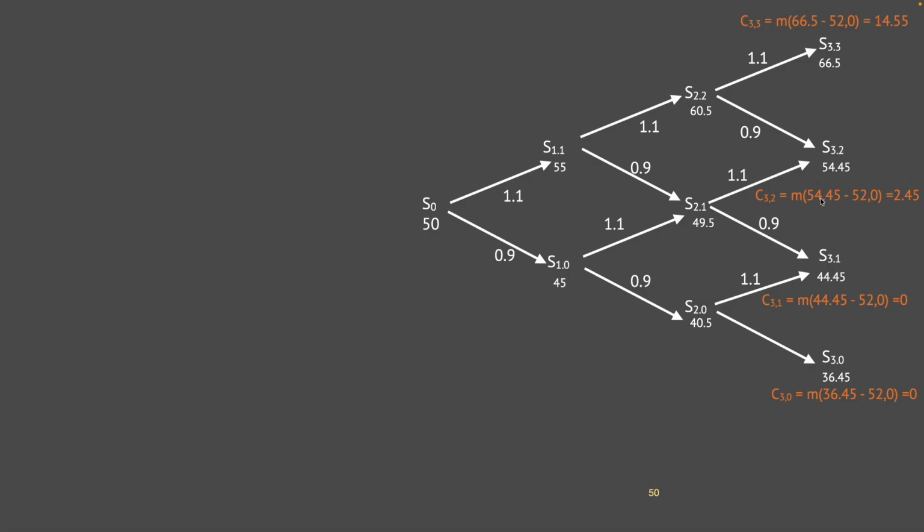That is 2.45, which is greater than 0, so we take 2.45 because we take the max of these two. Similarly, C31 will be 0 because the value of 44.45 is less than the strike price. As a result, C31 will be 0 and C30 will again be 0.